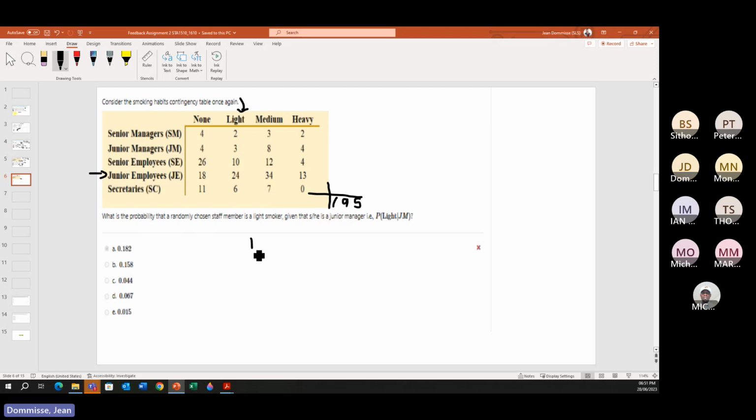So probability, like I said, light and junior management. How I always remember it is light and junior management on the top, divided by the probability of junior management.